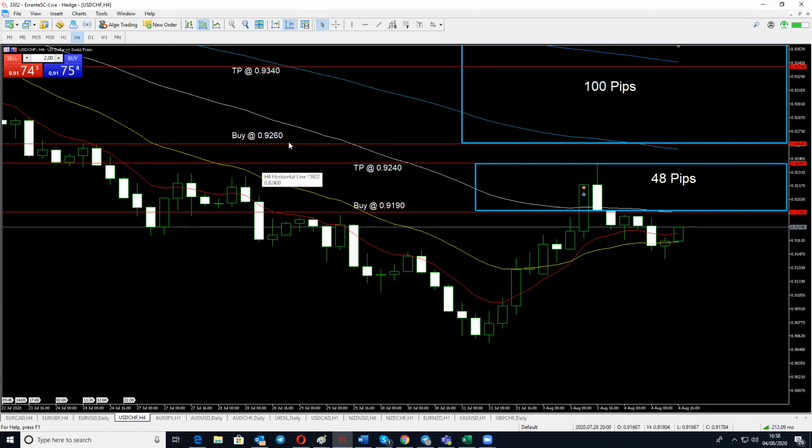So there I've put in the USD CHF buy type signal, buying at 0.9260, but that may take some time. But we want to look at how the market fares with USD CHF and USD crosses as well, impacted by various other factors in the market at the moment.